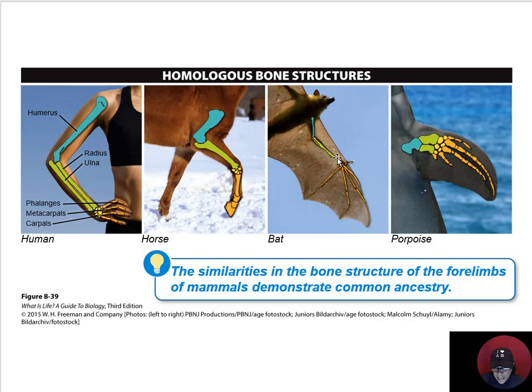We see the same thing in bats. They have a humerus, a radius and an ulna, and phalanges. Same thing here with the dolphin. They have a humerus, a radius and an ulna, phalanges, carpus, metacarpus. These similarities in the bone structure of the forelimbs of animals can demonstrate to us that there is some common ancestry there, that we're seeing what's called homologous bone structure.